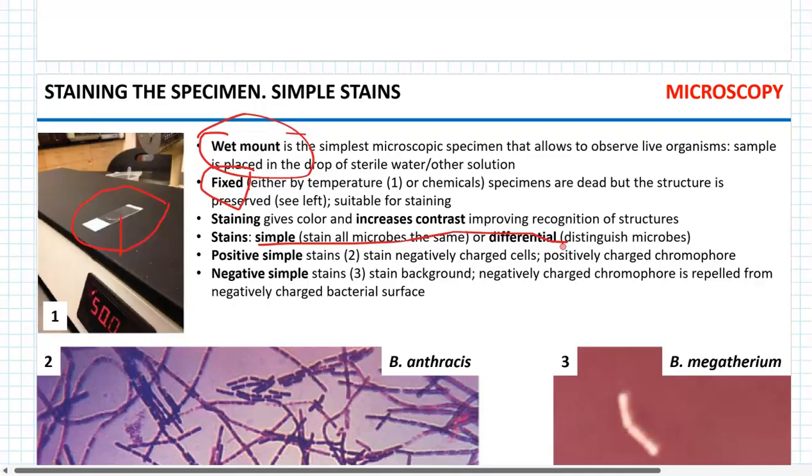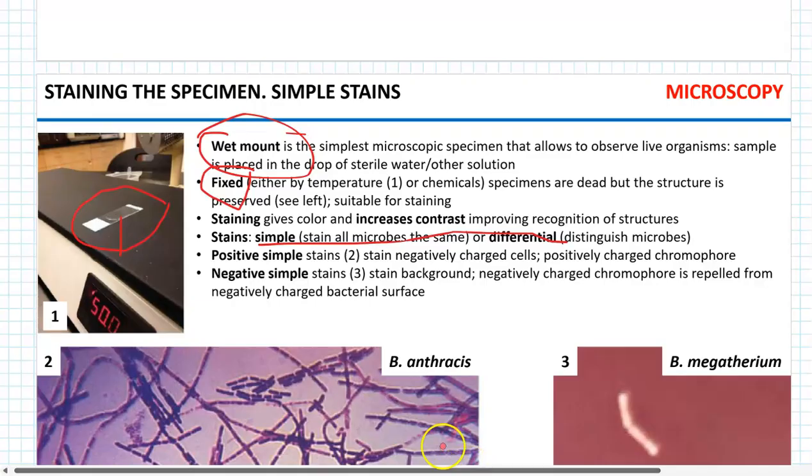So for instance, if you make the slide which contains a bunch of different cells, fix it and then cover it with crystal violet, all cells will appear violet. Clear? Differential stains, on the other hand, allow you to distinguish different bacterial cells based on their structural differences. For example, cells that do have capsule versus cells that do not. Cells that do have flagellum versus cells that do not, and so on and so forth.